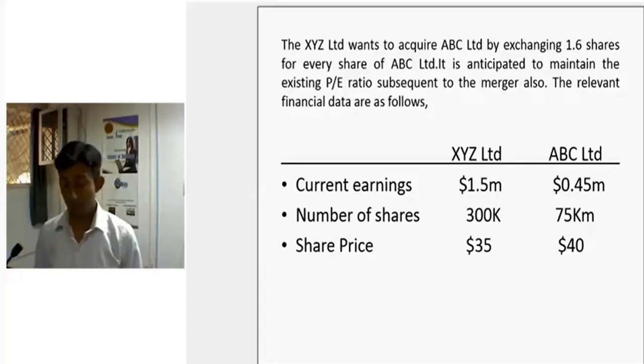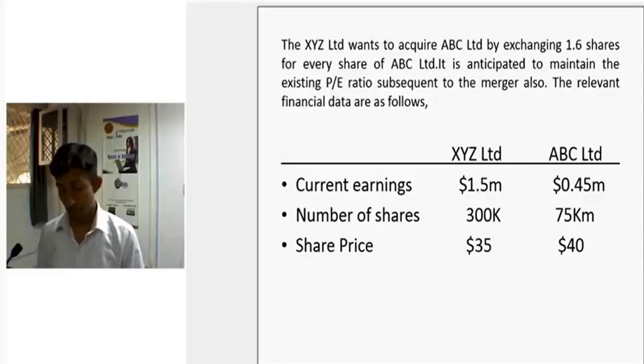It shows the number of times of the earnings that the value of the company represents. And therefore, they believe when XYZ Limited takes over ABC, they may continue to enjoy the same PE ratio of XYZ that they used to enjoy.